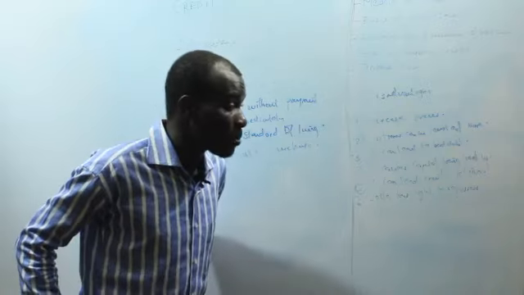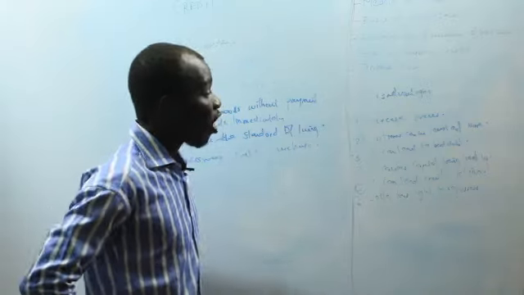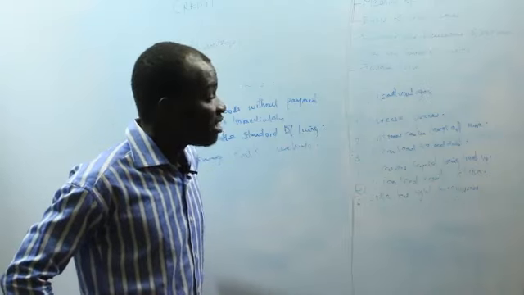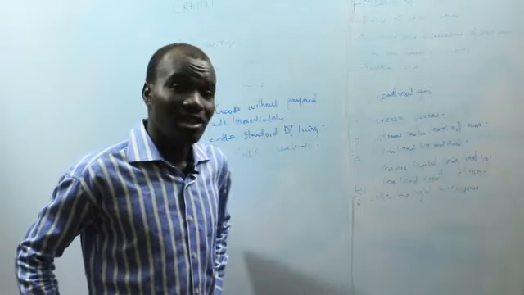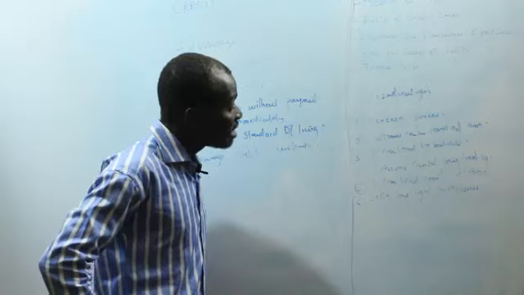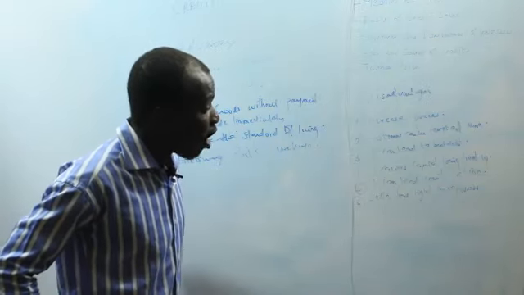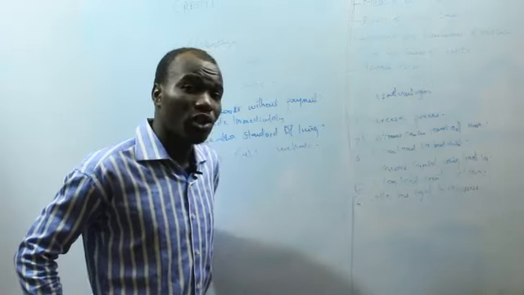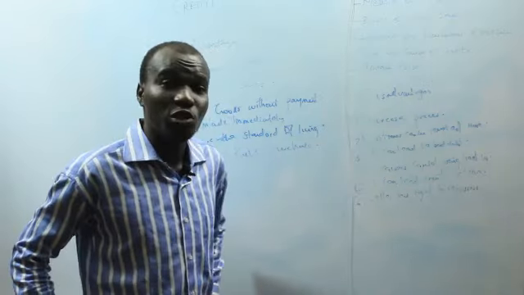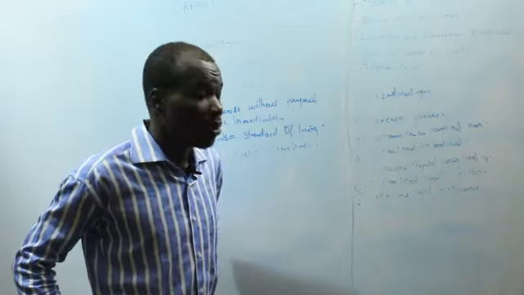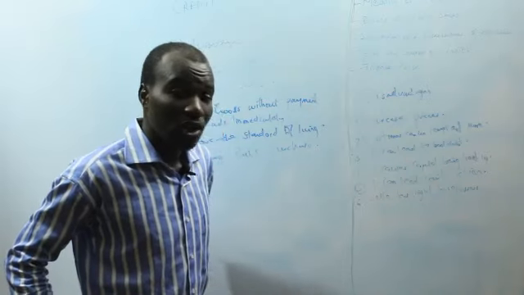It causes capital being tied up. So too much credit sales will cause the capital of the seller to be tied up in debt. And again, it can lead to court action through the refusal of the buyer to pay for the goods. So if the buyer should refuse to pay for the goods bought, that can lead to court action.